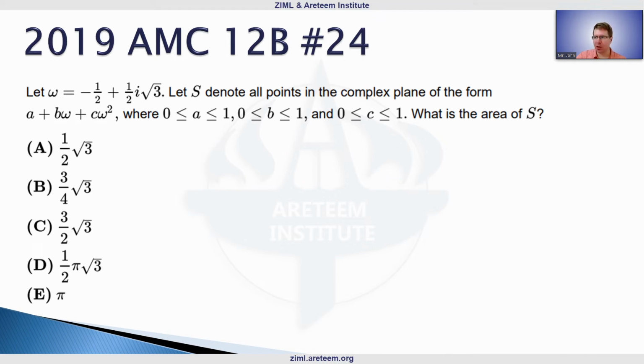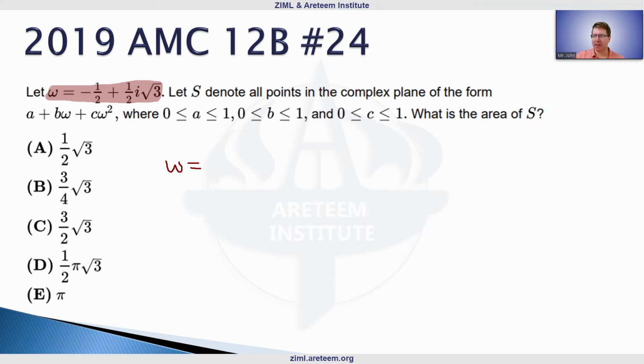So if we take a look at our number here, we have our omega in this case, we want to write that in polar form here. So in rectangular form, the x value is -1/2, then we have √3/2. This is making us think of multiples of 30 and stuff like that there, right?